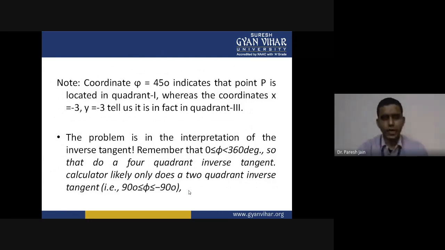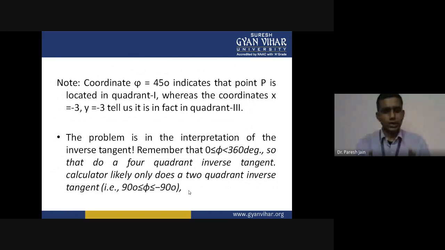Remember, at the start of this lecture we already discussed that the value of phi lies between 0 to 360 degrees, or 0 to 2 pi. The lower limit of phi is 0 and the upper limit of phi is 360 degrees. So we need a four-quadrant inverse tangent.